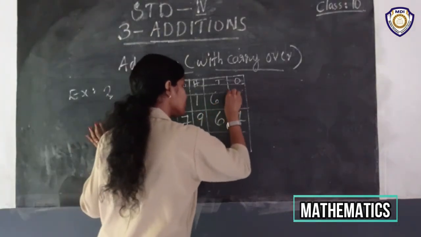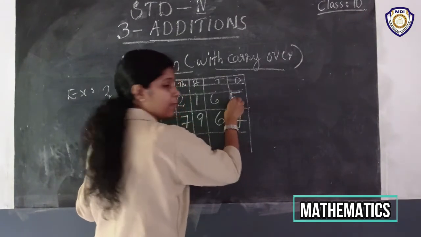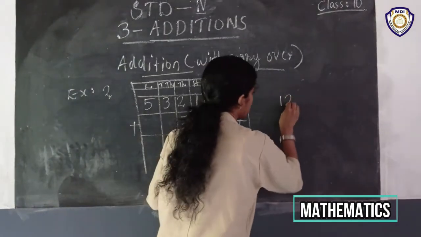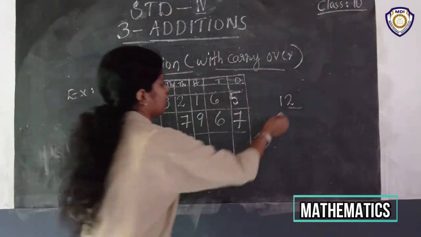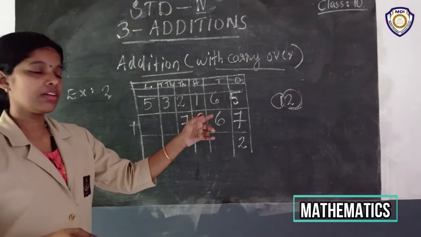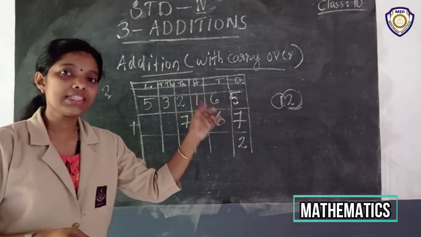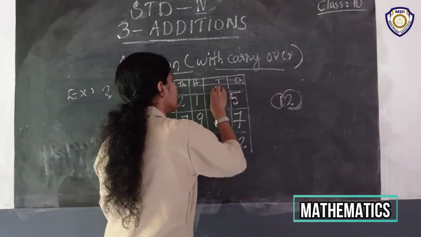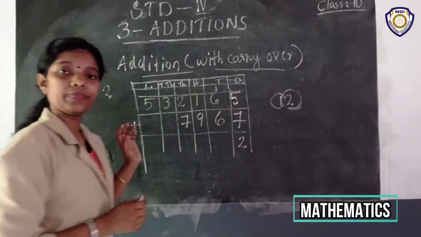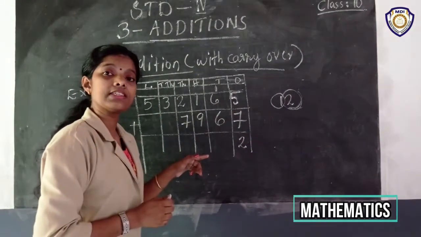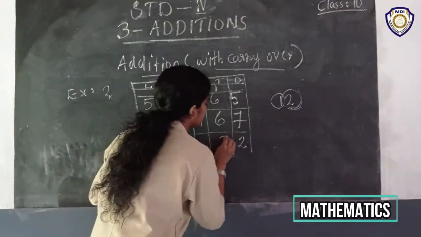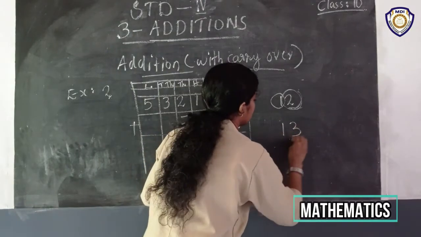5 plus 7, 12. 12 is the answer. 2 is here. 1 is carried to the tens place. 1 plus 6, 7. 7 plus 6, 13. 3 is right here.